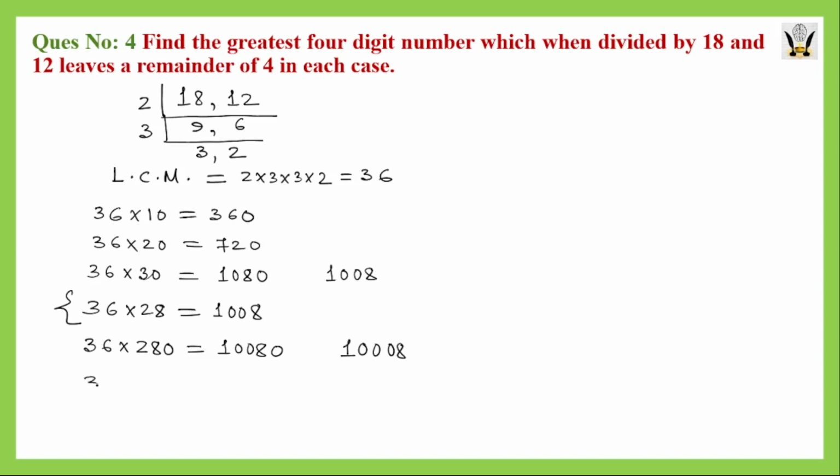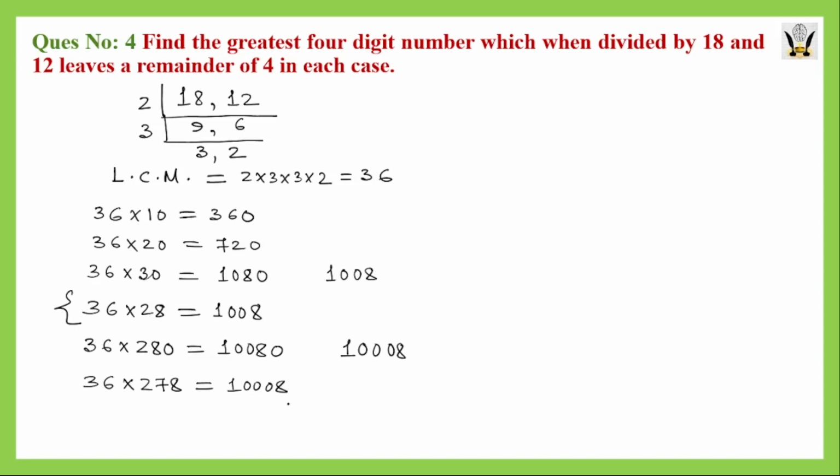So we can say that when we multiply 36 by 278, then that value becomes 10008, but still it is a 5-digit number. And from here, if we subtract one more 36, then that will become a 4-digit number, as well as the greatest 4-digit number which will be divisible by 18 and 12.